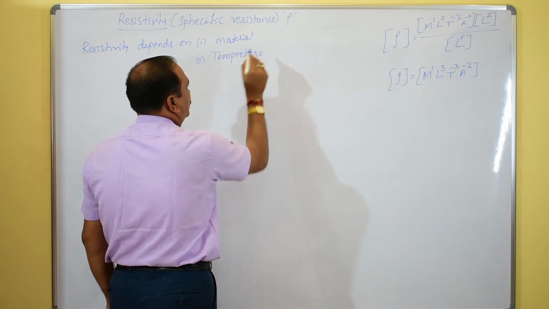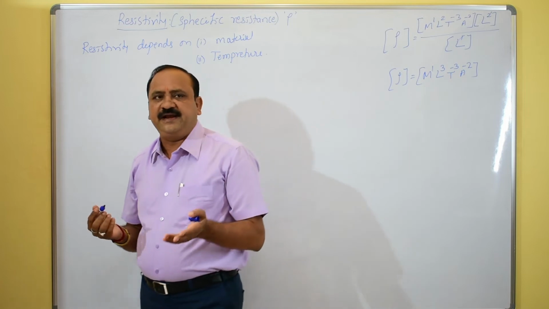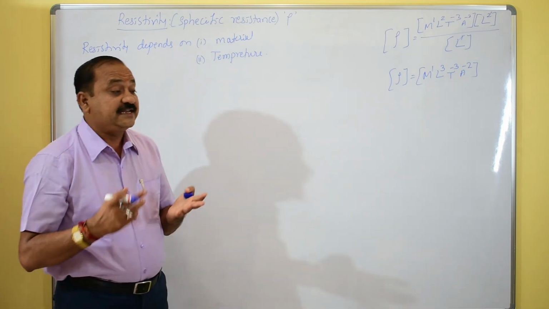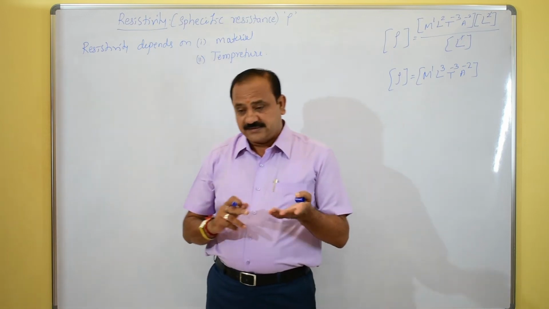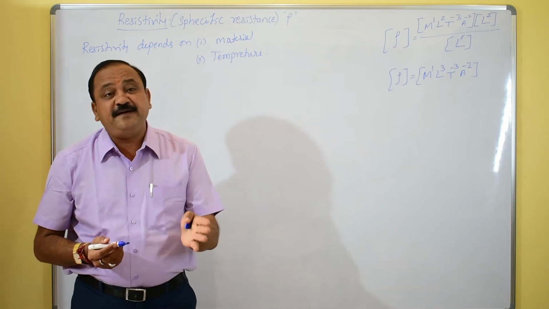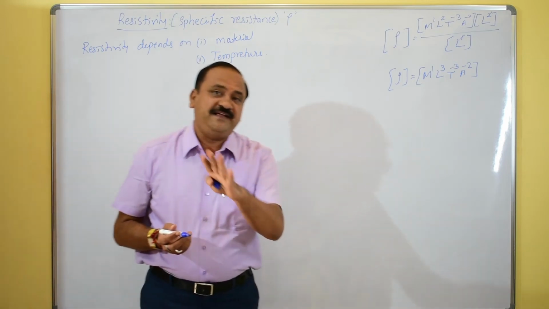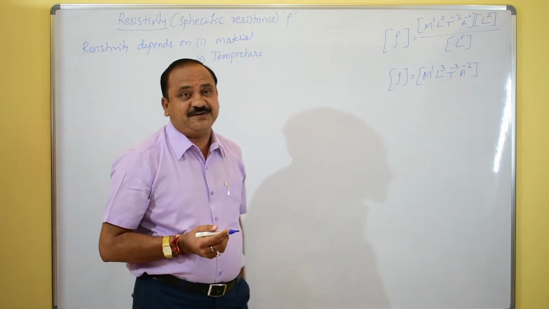Temperature is the most important concept. The material may be any type, say iron material, copper material, or steel material. Resistivity is different for different materials, and also depends on the temperature.